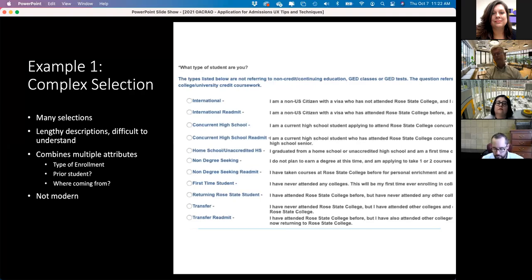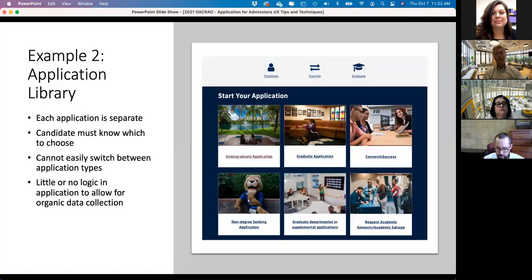In many circumstances, you may have multiple applications, one for each of those different categories, which leads to the next one. This is an example where you're doing the same thing, but in a different manner. In this circumstance, there are 17 different applications. How do I help someone pick out from those 17?